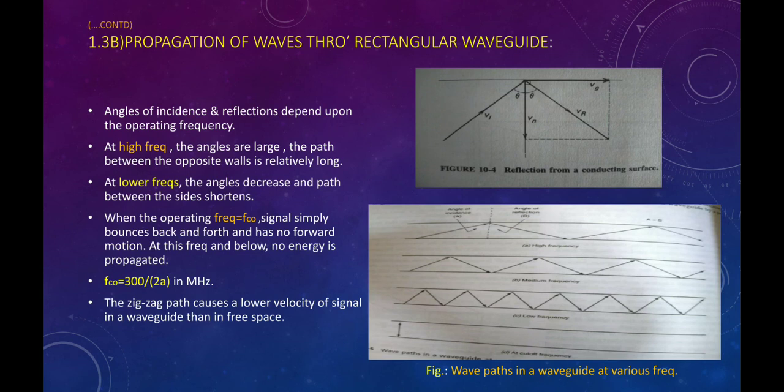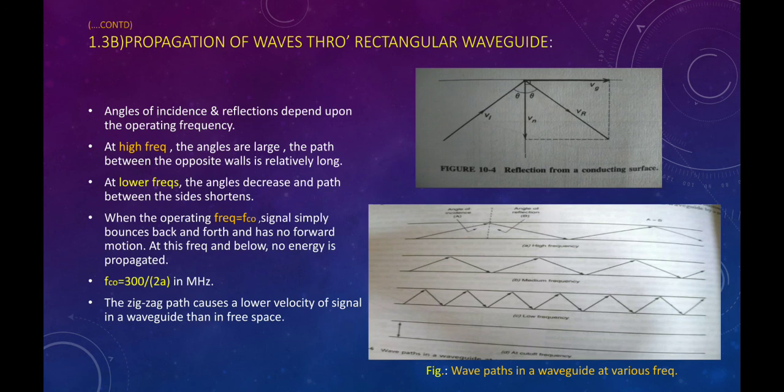When the operating frequency is not equal to the cutoff frequency, the signal simply bounces back and forth and has no forward motion. In the last diagram we can see an upward and downward arrow, and it is not moving forward in the z direction, or along the length of the waveguide. So at this frequency and below, no energy is propagated.